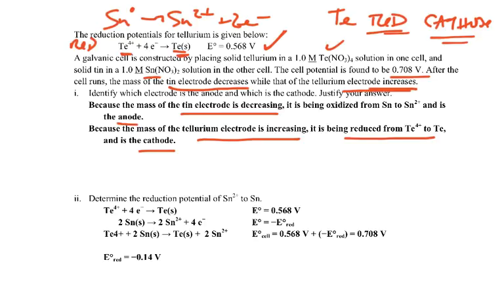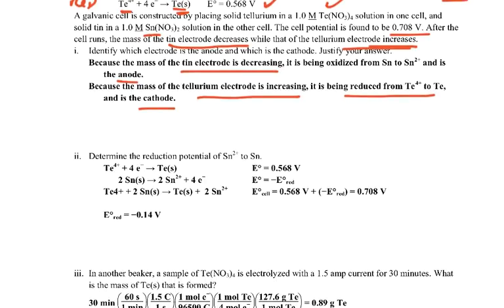So determine the reduction potential of the tin. Well, we know that tellurium 4 plus plus 4 electrons turns into tellurium, and that must be a higher number than the tin, which picks up 2 electrons and becomes tin.